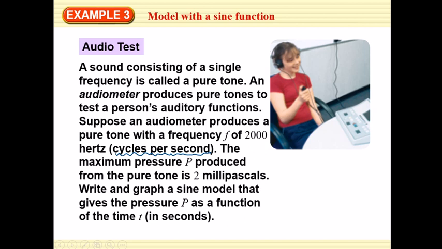The maximum pressure produced from a pure tone is 2 millipascals. Write and graph a sine model that gives the pressure as a function of time. So I'm going to have P on one side, pressure equals something with sine of time.